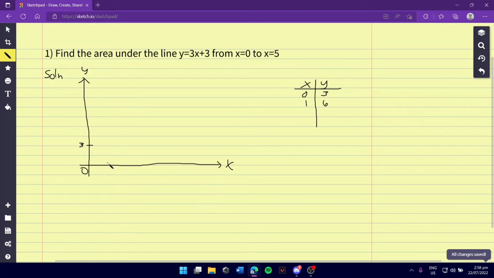Let's say this is your 1. And then you put here your 6. So this is your 2 points.